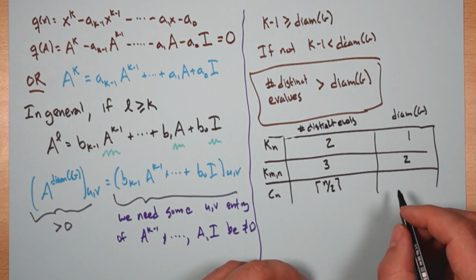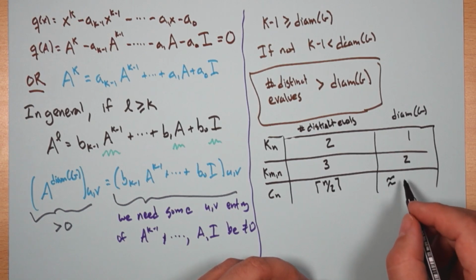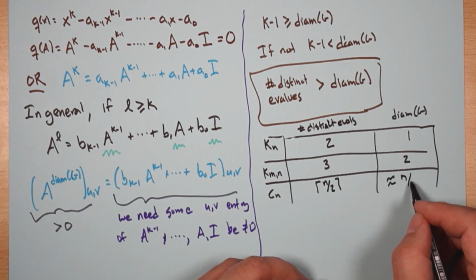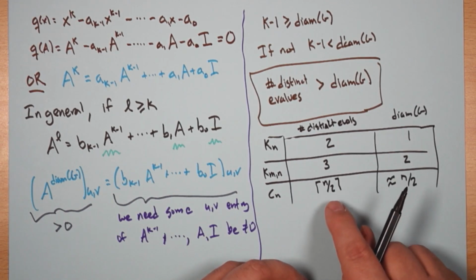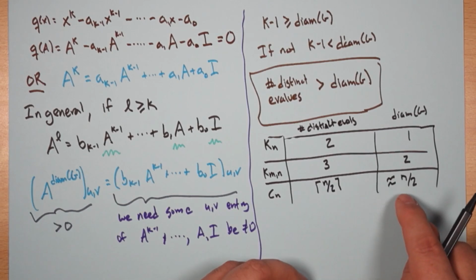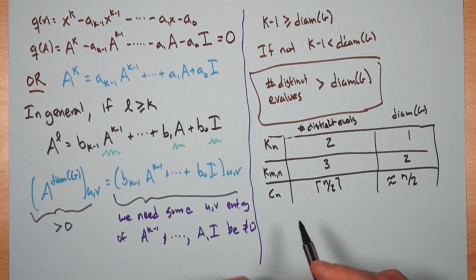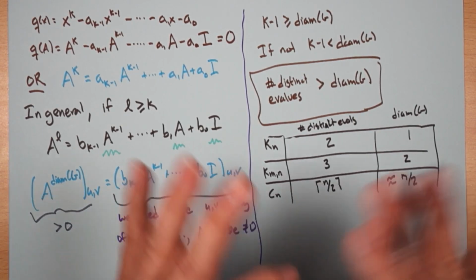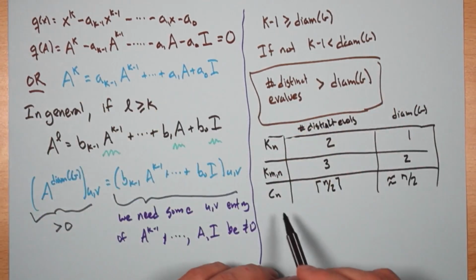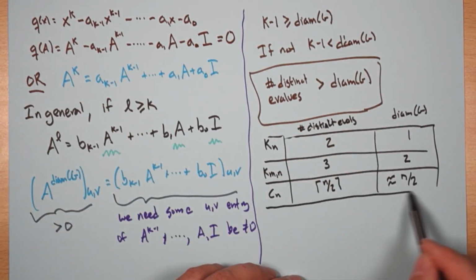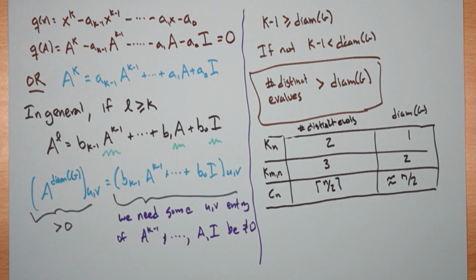Well, it's about, number of distinct eigenvalues, it's the ceiling of n over 2. The diameter is about n over 2. There's a little bit of, even versus odd. I'll wave my hands here. See, here's me waving my hands. And it works out like you need it to work out.